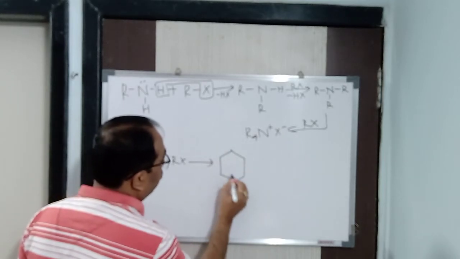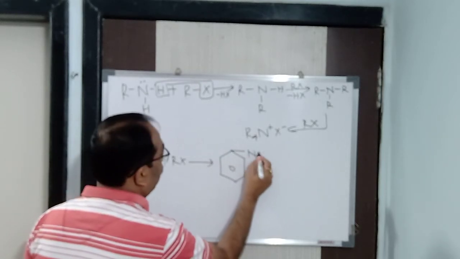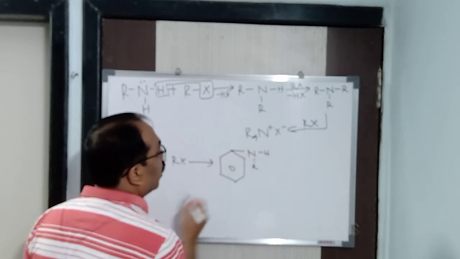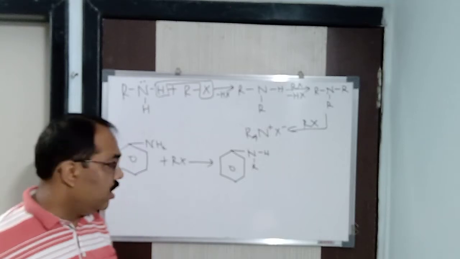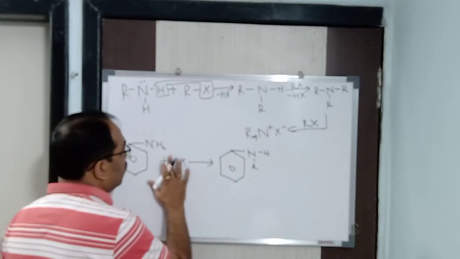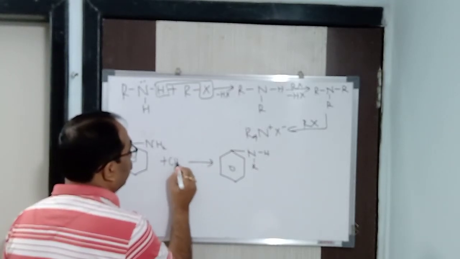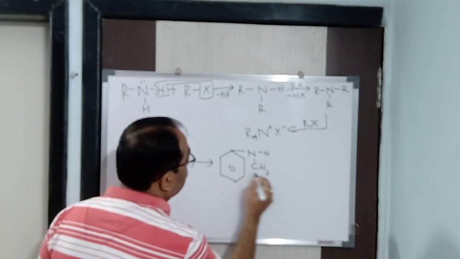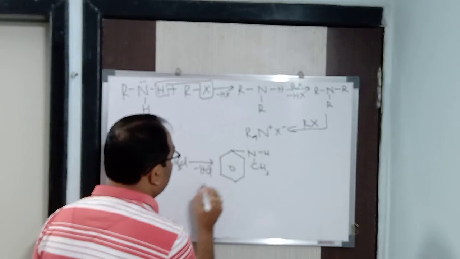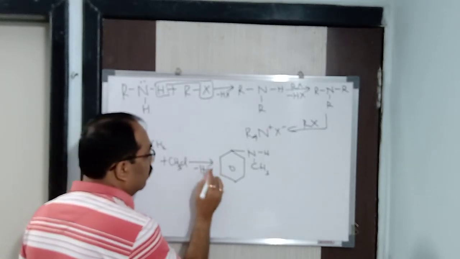One H will be replaced by R. So it is N, H and R. Suppose R is CH3, suppose I take CH3Cl, so what will I get here? I will be getting CH3 here and HCl. Finished.